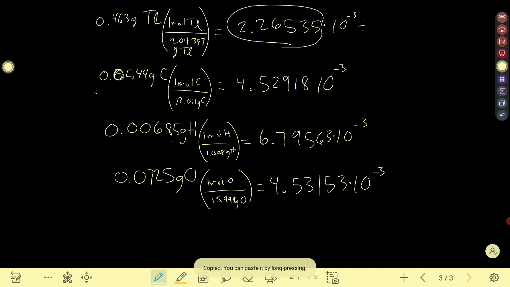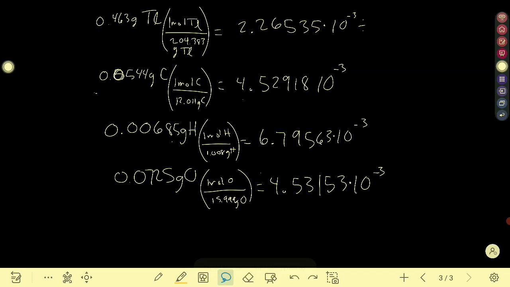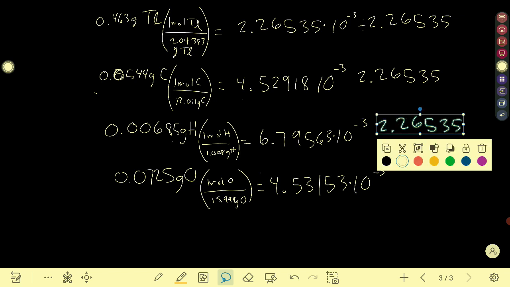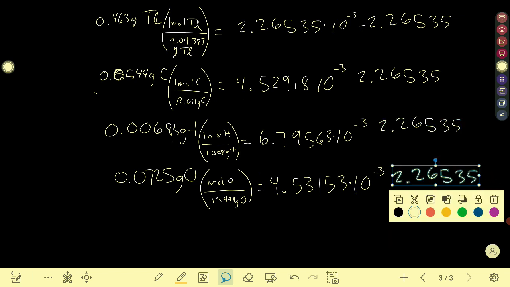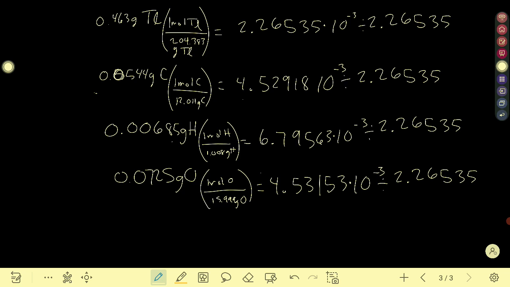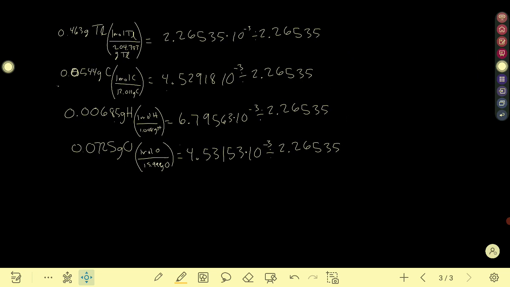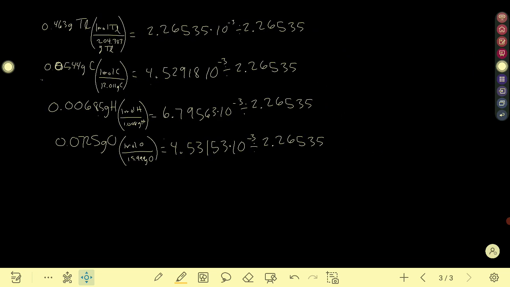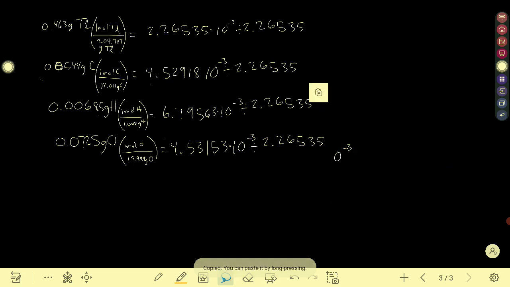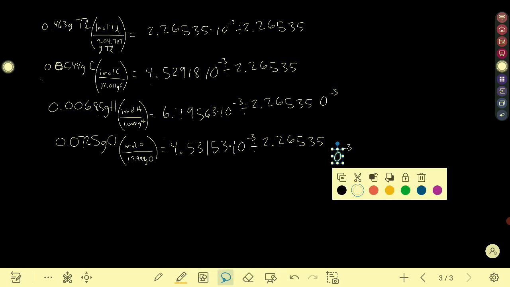I'm going to divide them all by the smallest. And what you'll notice is even if you put in scientific notation and pull all those digits, it's going to be the same as if you didn't.